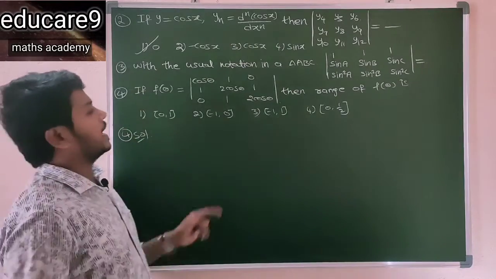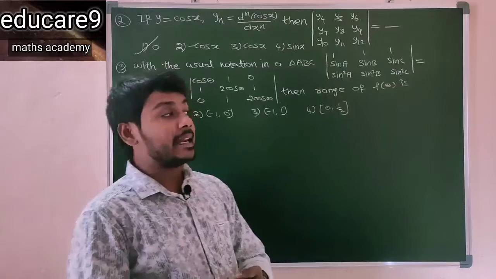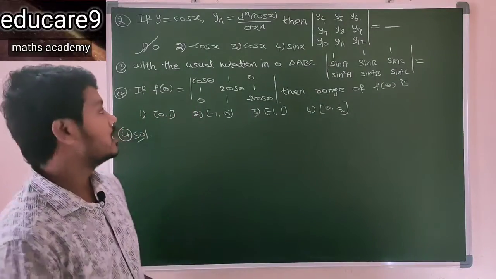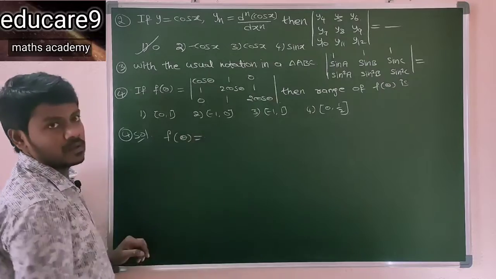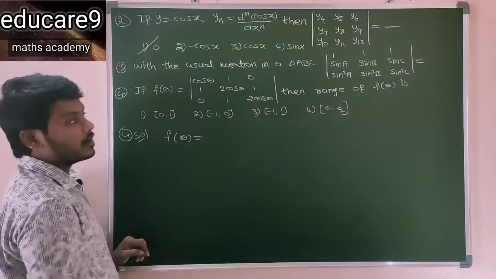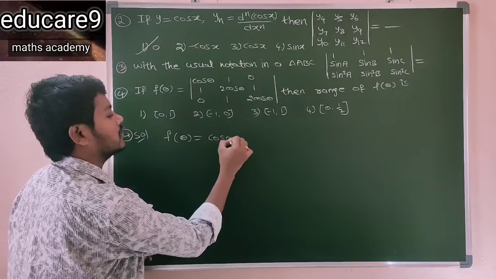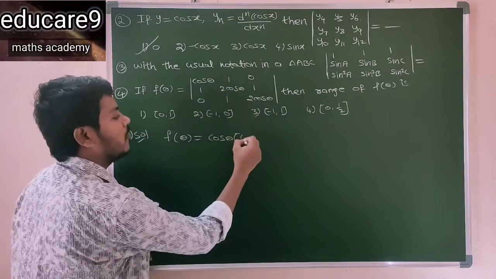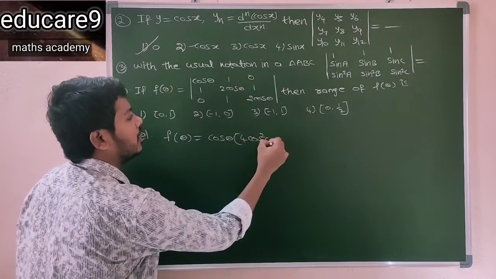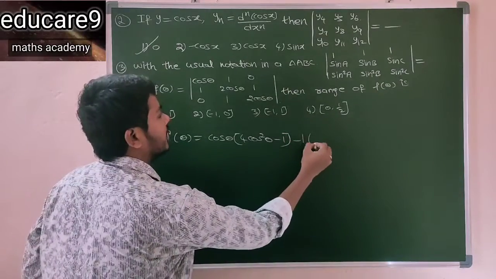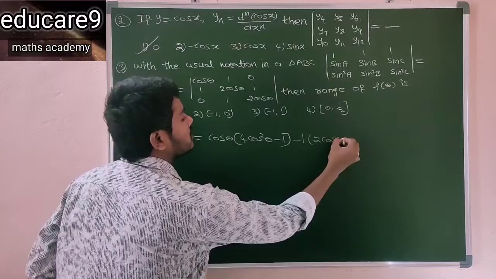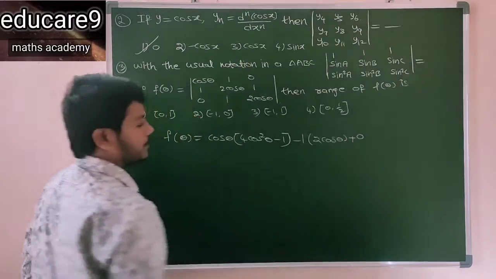Here f of theta is given, then find the range of f of theta. So find this determinant. So what you get? Cos theta into (4 cos square theta minus 1), next minus 1 into (2 cos theta plus cos theta).